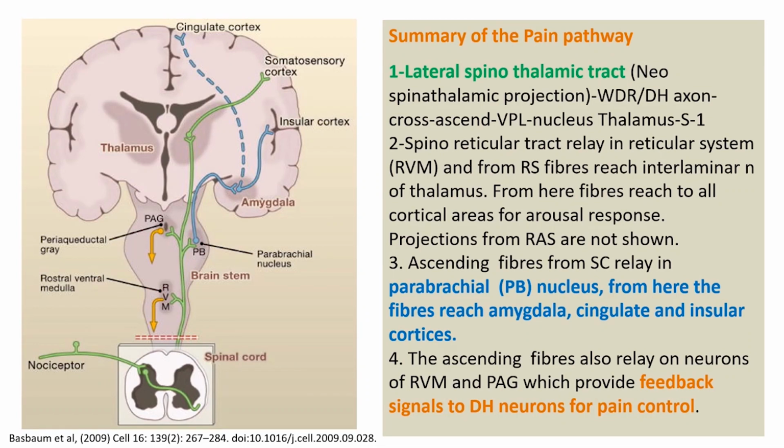To summarize the pathway, the pain originating from the nociceptor is relayed in the dorsal horn WDR neuron, wide dynamic range neuron, and from here the axons cross to the opposite side and ascend as the lateral spinothalamic tract.